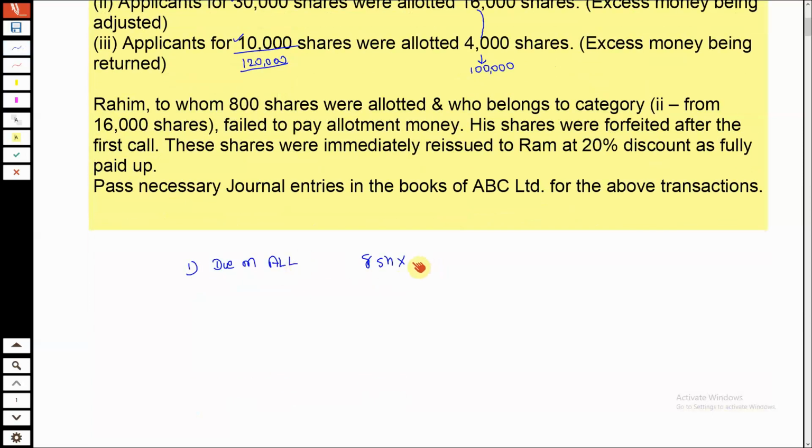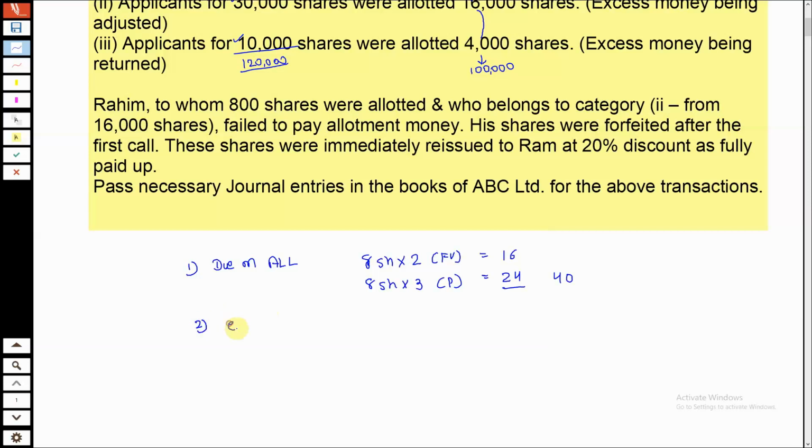So due on allotment I know that 2 फेस वैल्यू मुझे पे करनी है on my 8 shares, 3 प्रीमियम मुझे पे करना है. So ultimately 16 face value and 24 premium. It means total 40 rupees I need to pay.